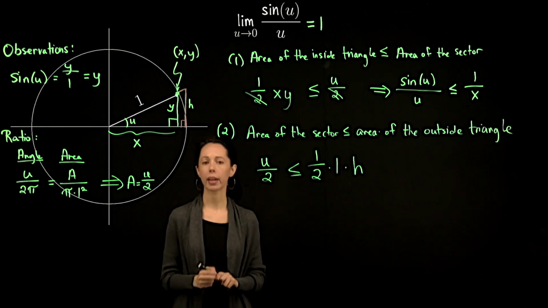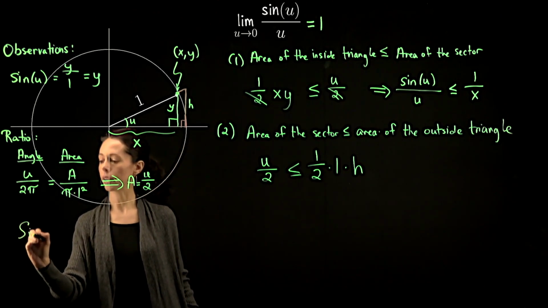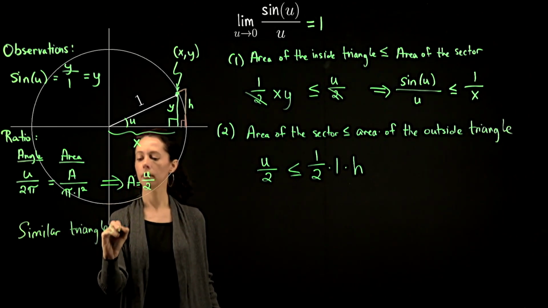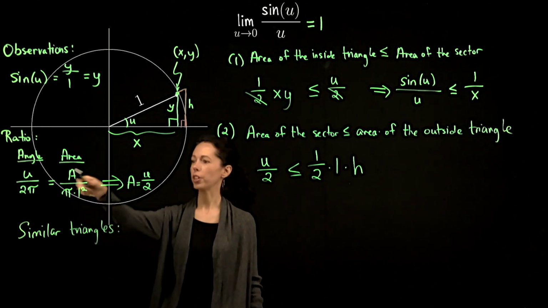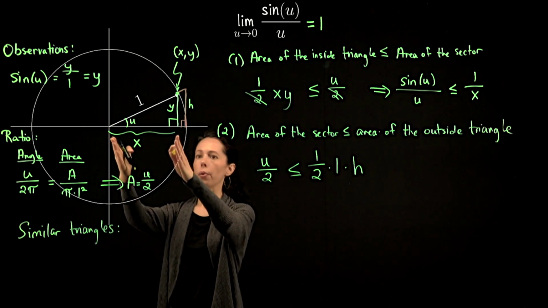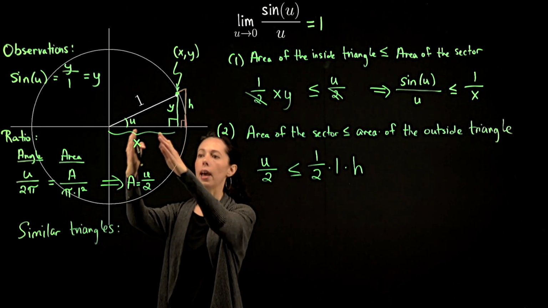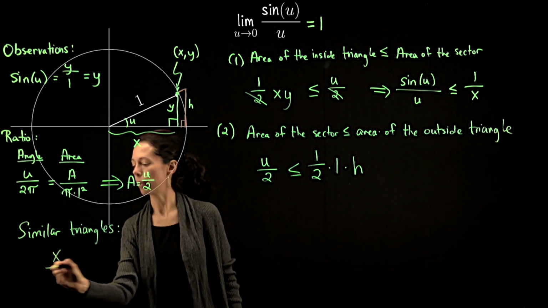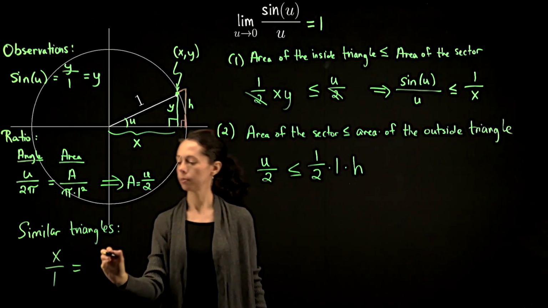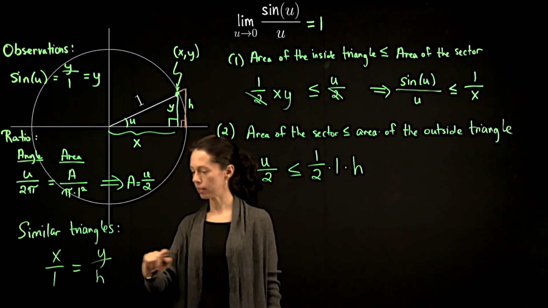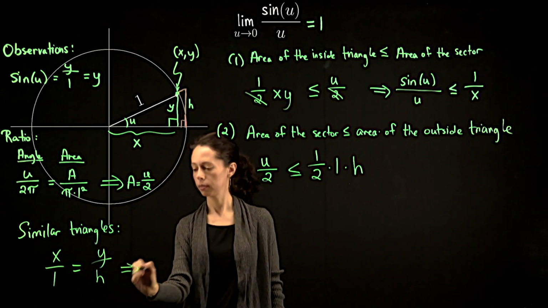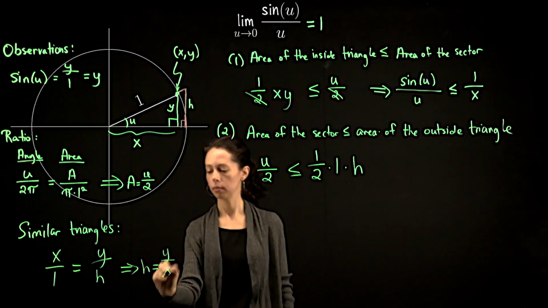Okay, here's what we want to do with that height h. Because we have similar triangles, let's create another pair of ratios, kind of like the ratio that we had here. Once again, I'm going to do smaller to larger. So if I look at the bases of these two triangles, x to 1 is going to be one side of my ratio, so smaller to larger, equals smaller to larger, so y to h. Okay, that tells me h is y over x. Like that.